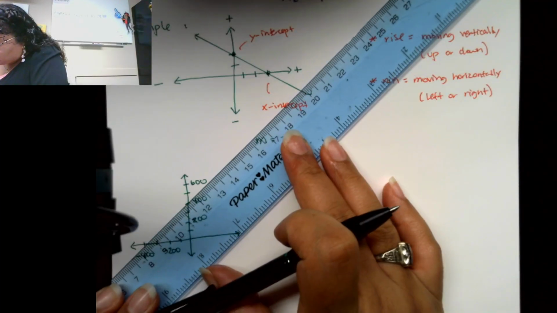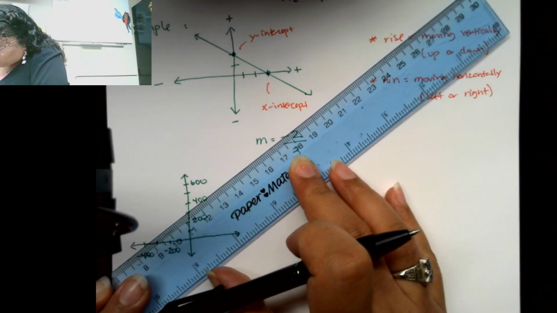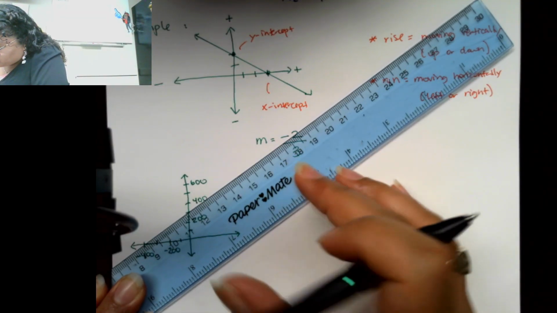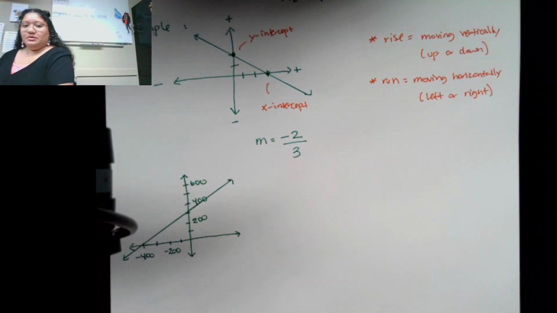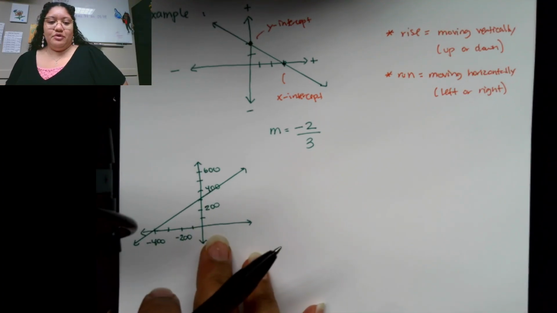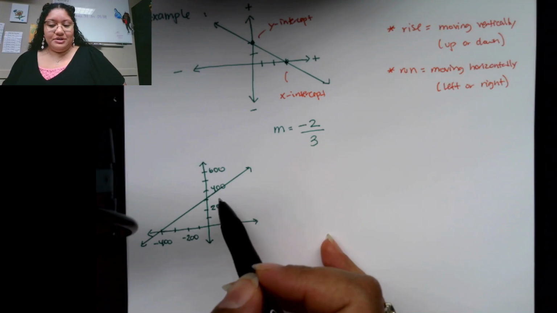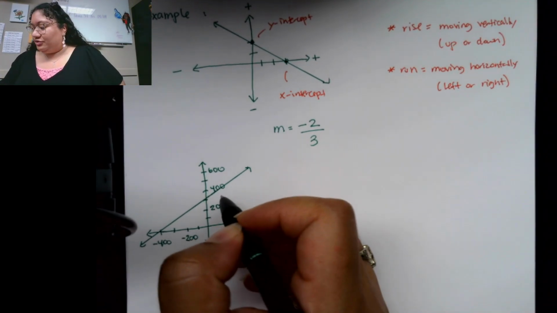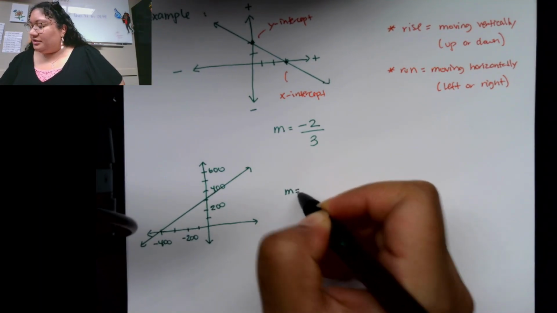Okay, from here, I'm going. Okay, so first and foremost, if I am between 200 and 400, what should this be? What, 300, correct?